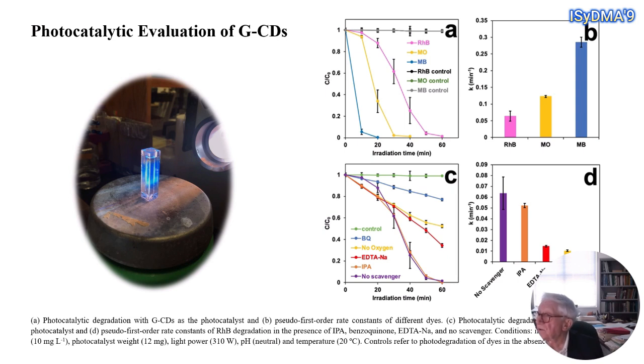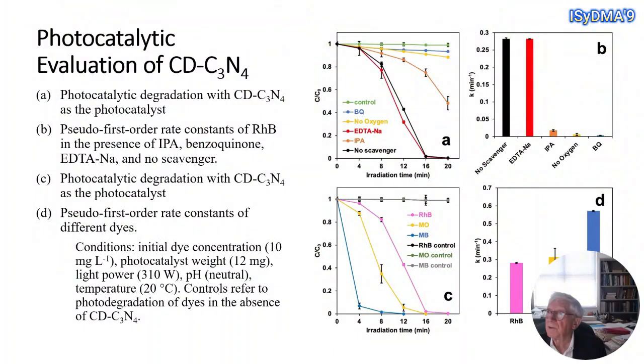And same thing for the scavengers, IPA, etc. We can see that with no scavenger there is no decrease, and with IPA not much relation, and finally for EDTA and also for the argon, the degradation is more important. And if we compare with the carbon nitride, the behavior is the same. We don't see much difference, except that for the carbon nitride, the hole and the EDTA are not really involved in it.